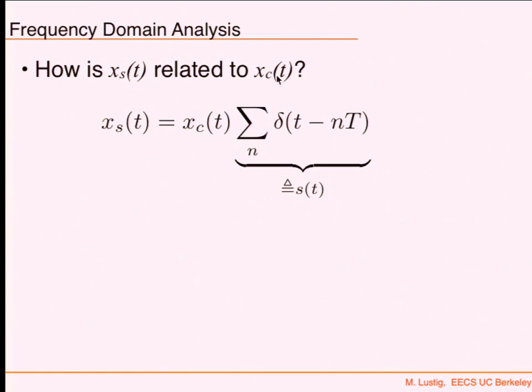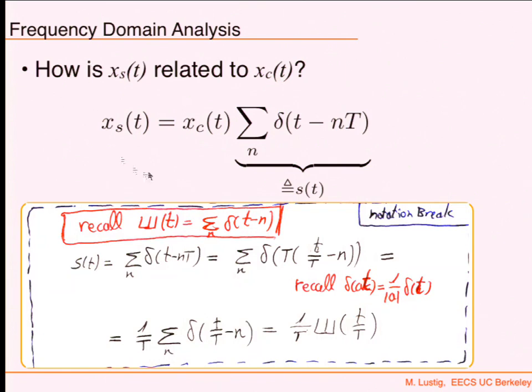Have you seen it written in a different way? Have you seen this function? Okay, let me show you, because this is another way of writing it. This is the Shah function, or the comb function.